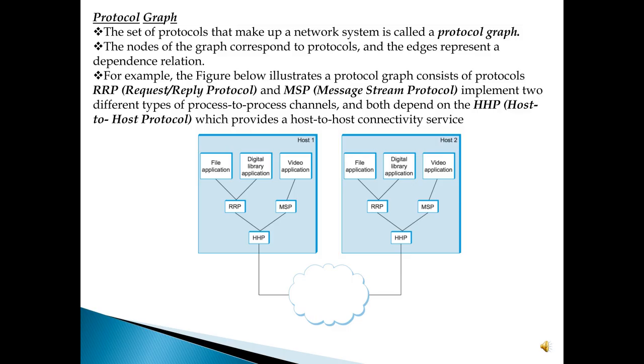Then RRP reinitiates its data to the specified form, that is the file application and digital library application, and MSP also distributes its data, that is the video application, and at the end the host receives the complete data.